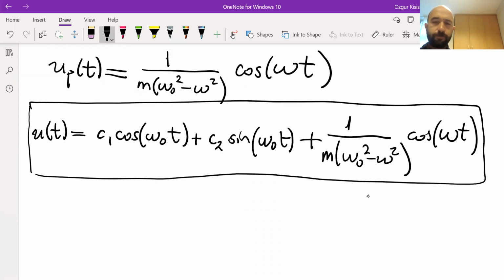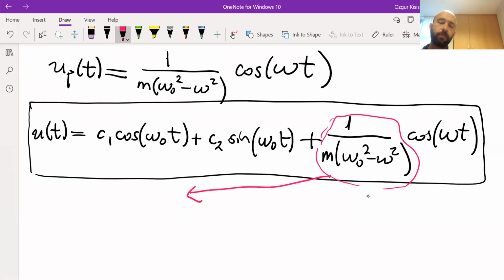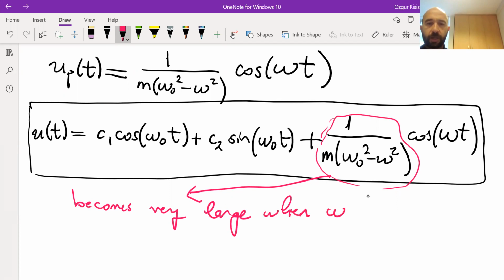Right, this is our answer. Now, something about this factor, 1 over m times omega 0 squared minus omega squared. This factor becomes very large when omega is close to omega 0, not the square.